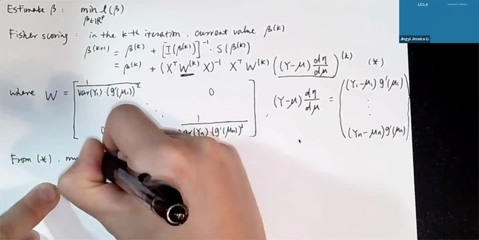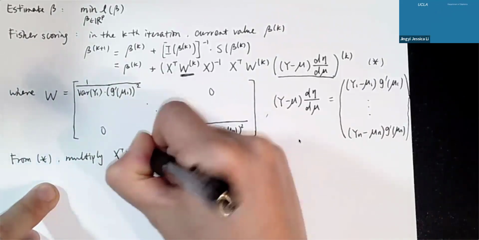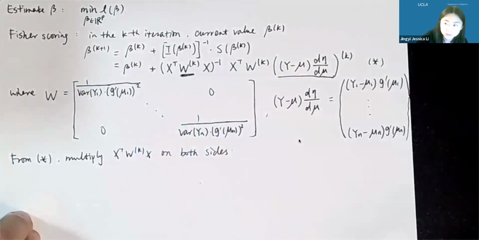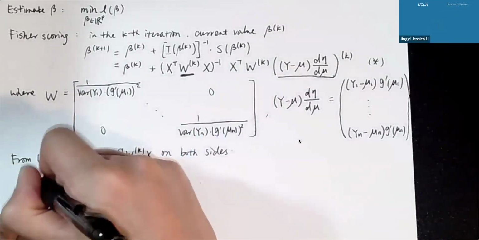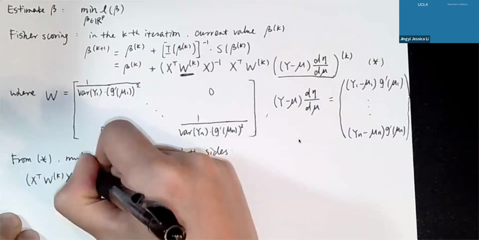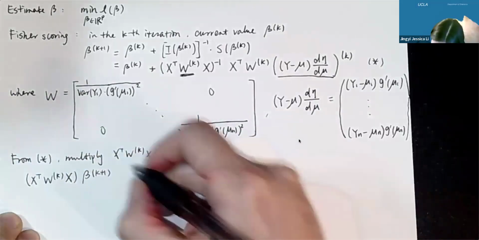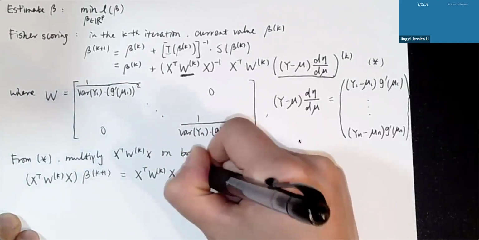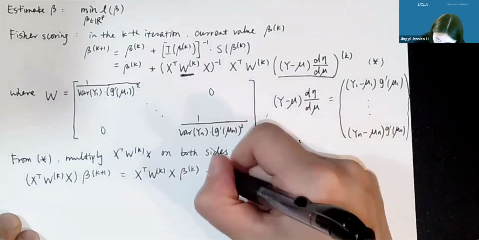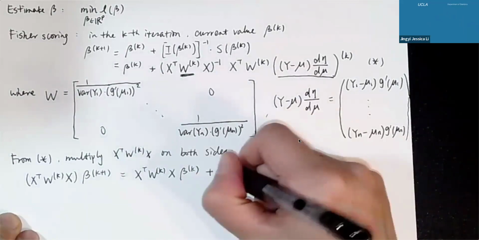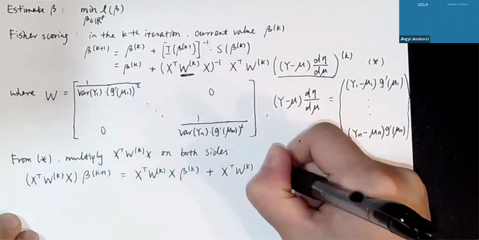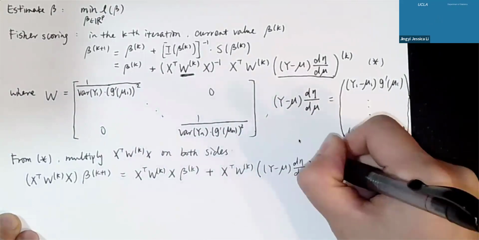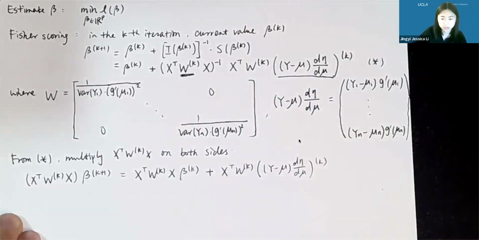If we do this, then we will get X transpose W_k X beta_{k+1} equals X transpose W_k X beta_k, and plus, we can cancel out the inverse, X transpose W_k, this vector (y minus mu) d eta d mu, together labeled with index k for the iteration.